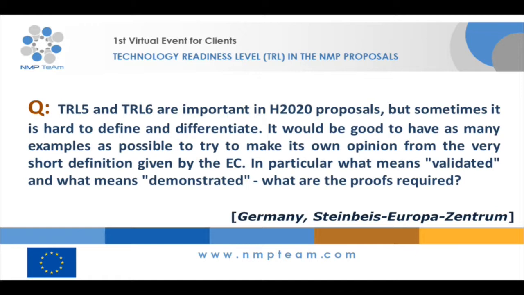In practice, you will see in the work program that we use these two TRLs together, with very few exceptions. Nevertheless, we will come up with examples, also to answer the other question we received on an example of a technology going through the various technology readiness levels.